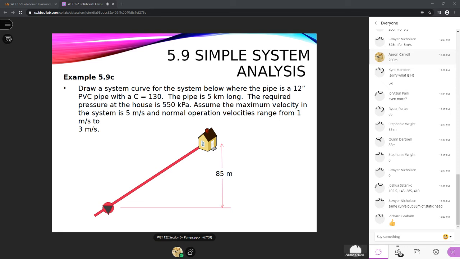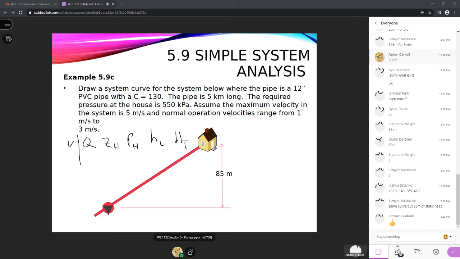So it's going to have that line that we had that was the pressure head, which was previously 0 in the last two examples. We're actually going to have a head requirement for pressure. So again, we do the exact same thing where we calculate our V, we calculate our Q, we calculate our ZH. This time we're going to have a pressure head, and we have our head losses, and then we're going to have our head total.